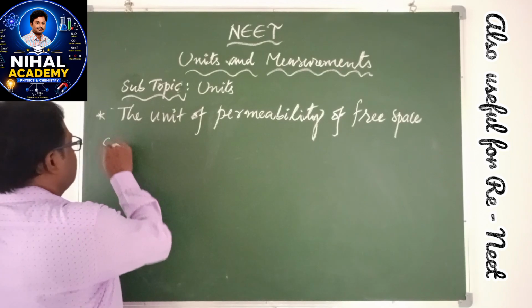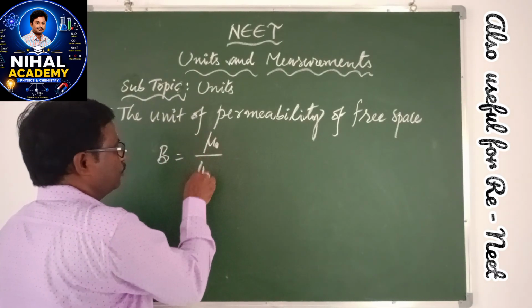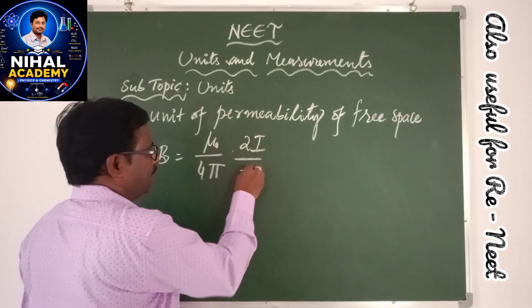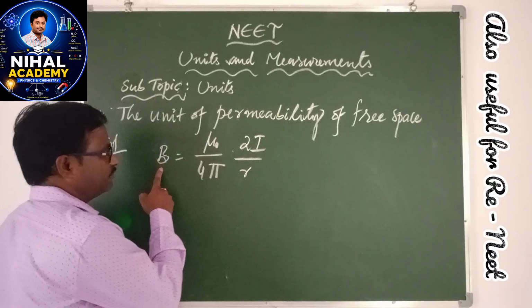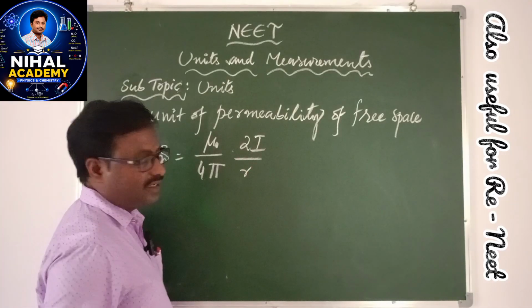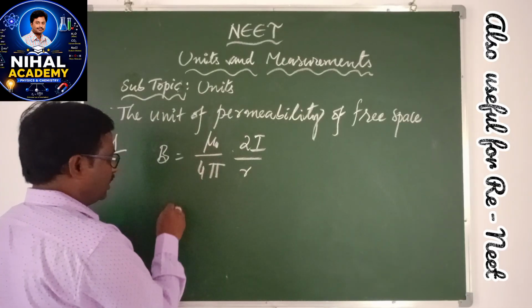We'll use the formula B is equal to mu naught by 4 pi into 2I by R. Here B is the magnetic field, 4 pi and 2 are the numerical values, I is the current and R is the radial distance. So from this we can write mu naught.